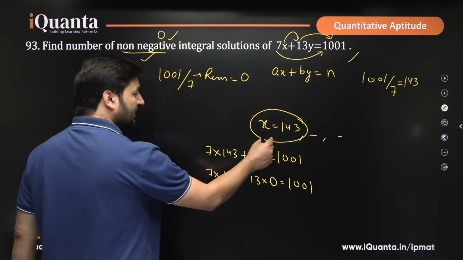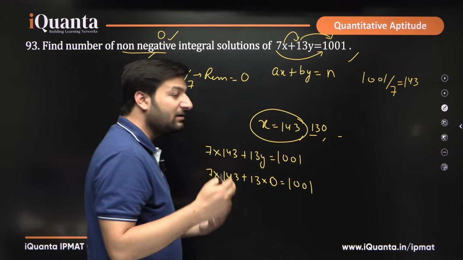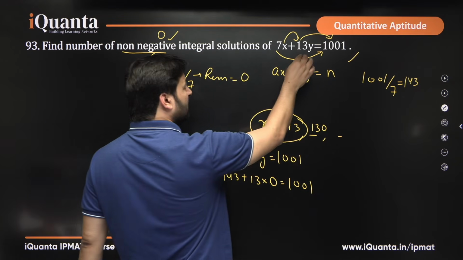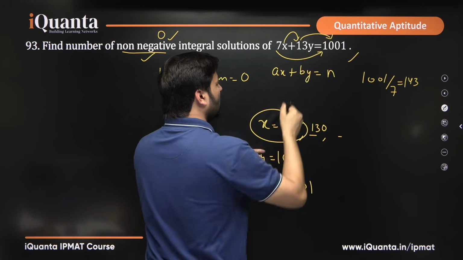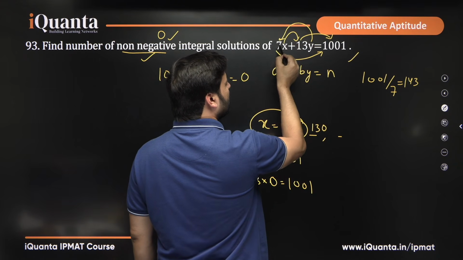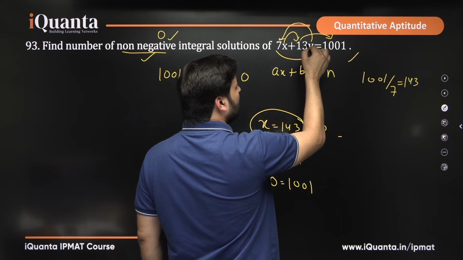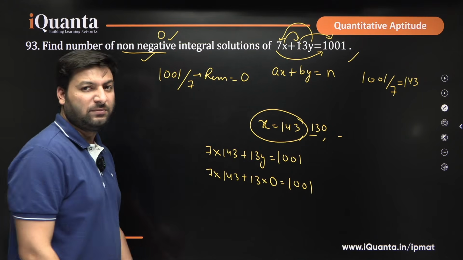So if the first value is 143, the next value would be 130. Similarly, whatever values of y satisfy this equation, they will be at a difference of 7. That simply means values of y will have a difference equal to the coefficient of x, and values of x will have a difference equal to the coefficient of y. That is what you have to remember, and that works.